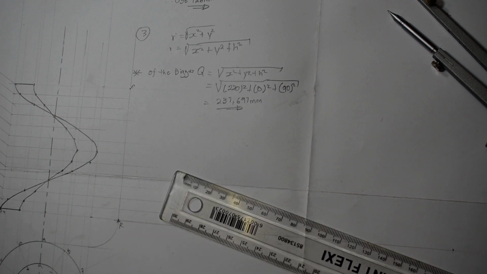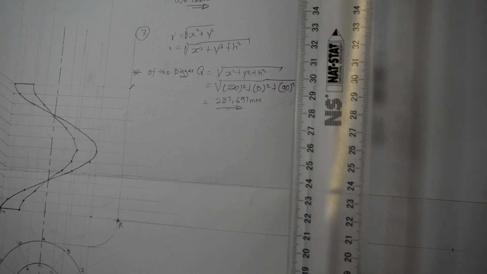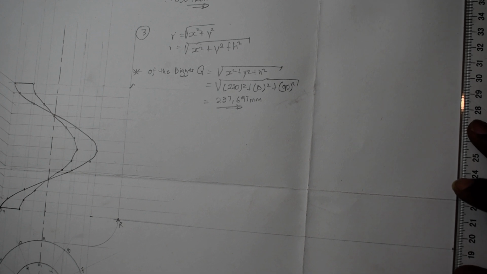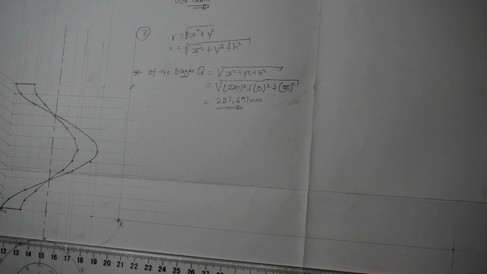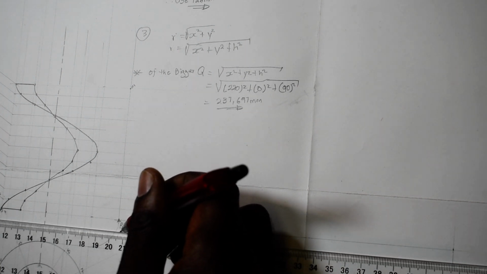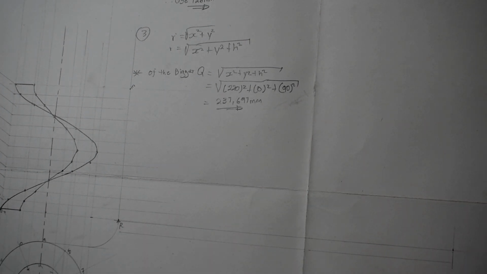So I mark there. I can even dimension it like this. From here till here is 220 millimeter. You understand?